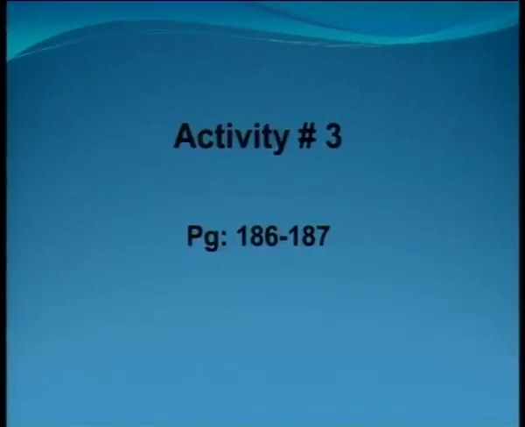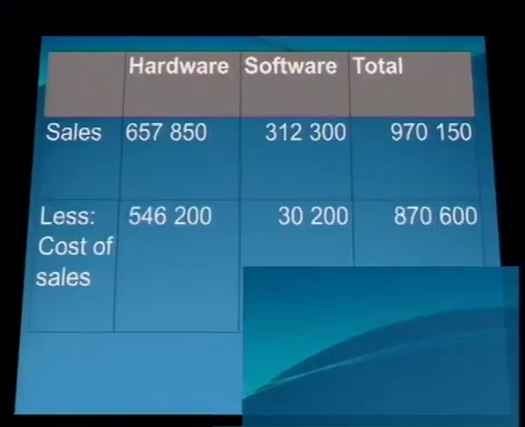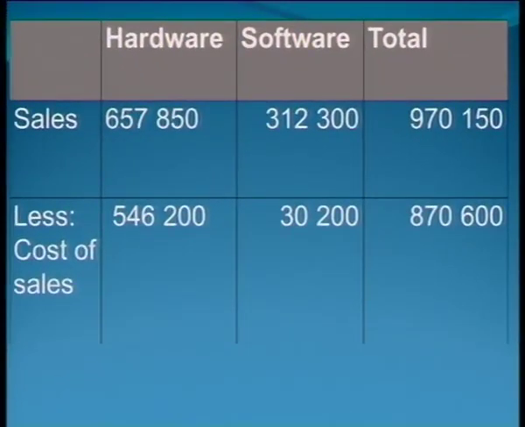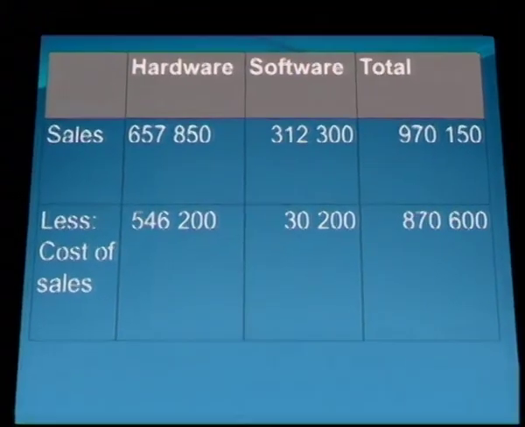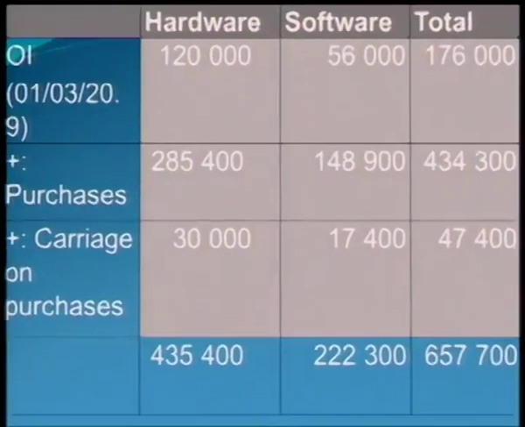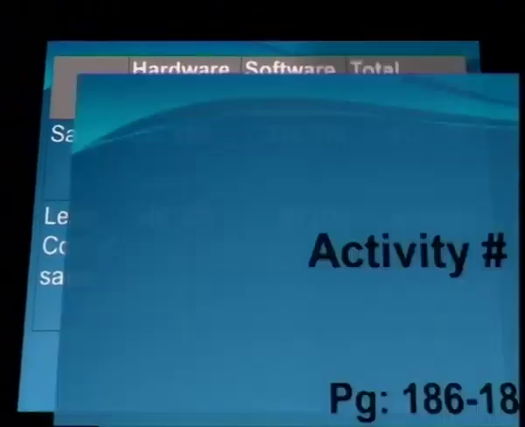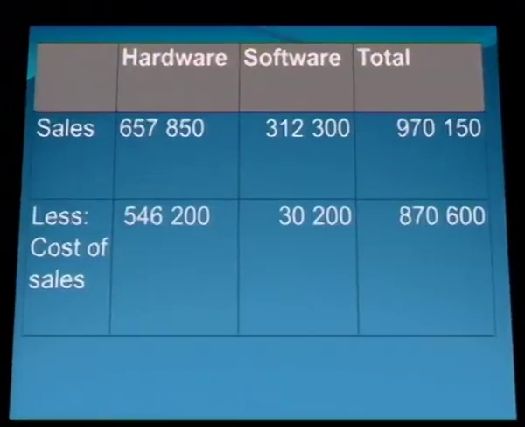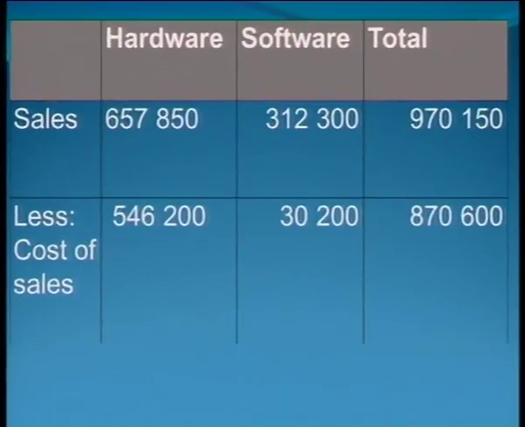Let's move on to activity number 3. With activity number 3, you were asked to calculate the gross profits for software and hardware. Let's look at the sales for hardware.